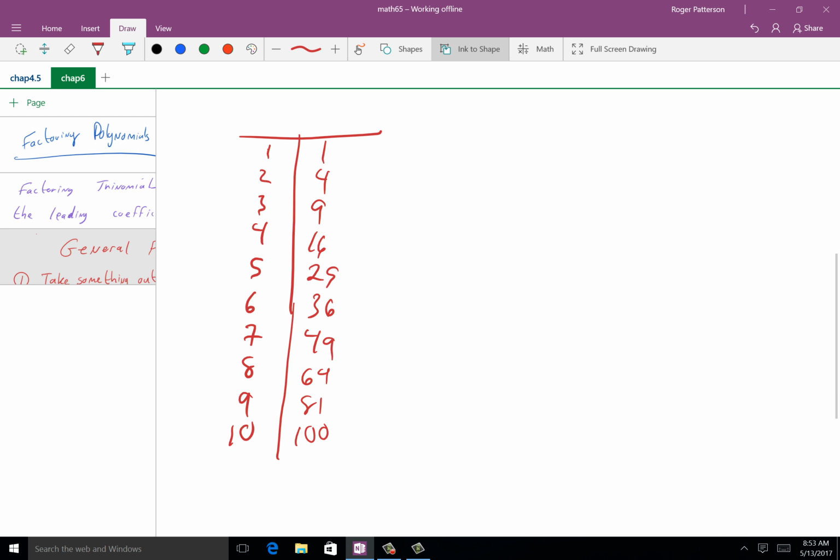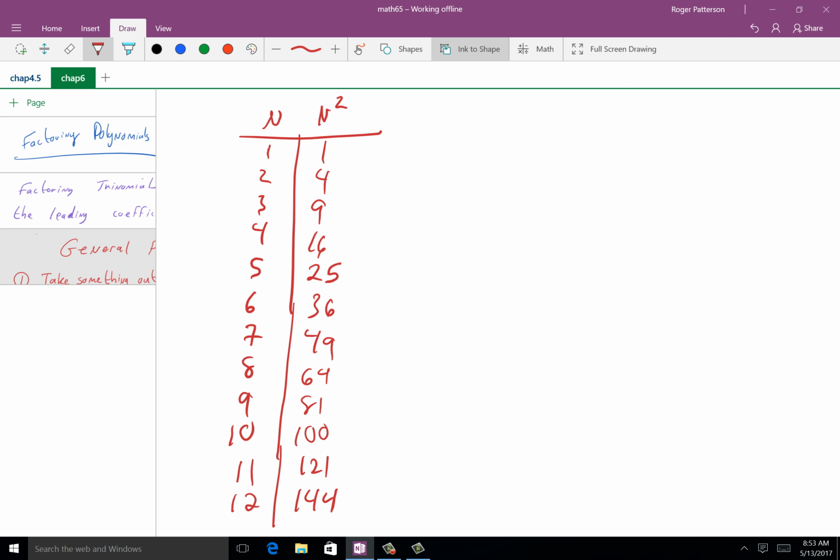I'll put a couple more on here because they show up also, but not as much. This would be your number, and this would be that number squared. If you know your squares, then you're in good shape with differences of two squares. If you don't, then you might want to have this chart or something handy so that you can tell what a square is. All right?